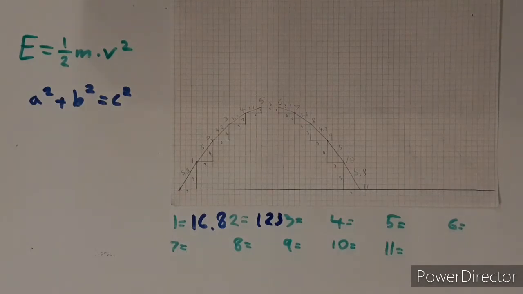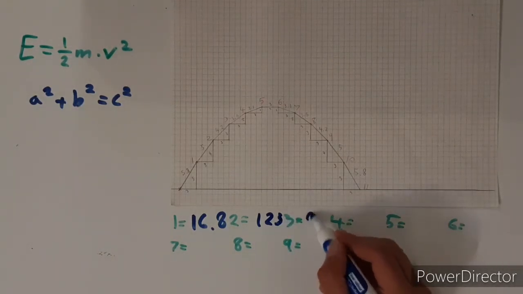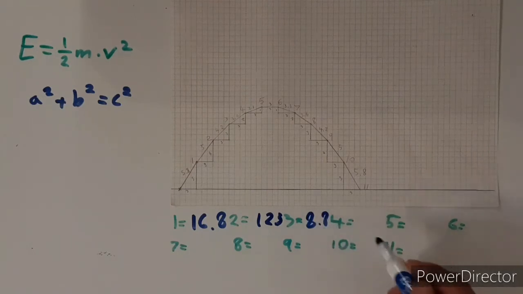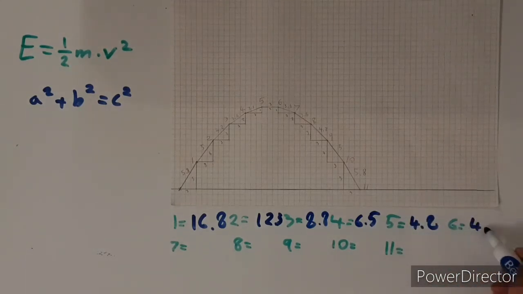This energy has been converted into gravitational potential energy because the object is higher now and it has lost some kinetic energy. And this repeats over and over again: 8.8, 6.5, 4.8, and 4.5.